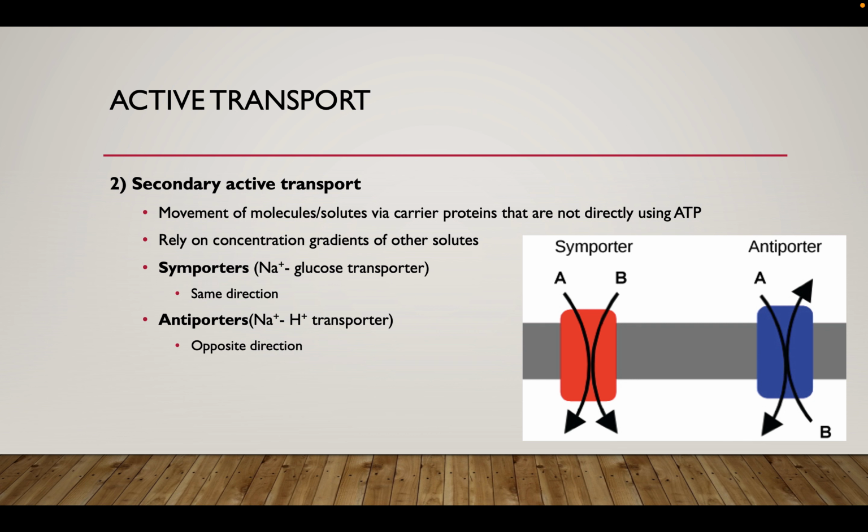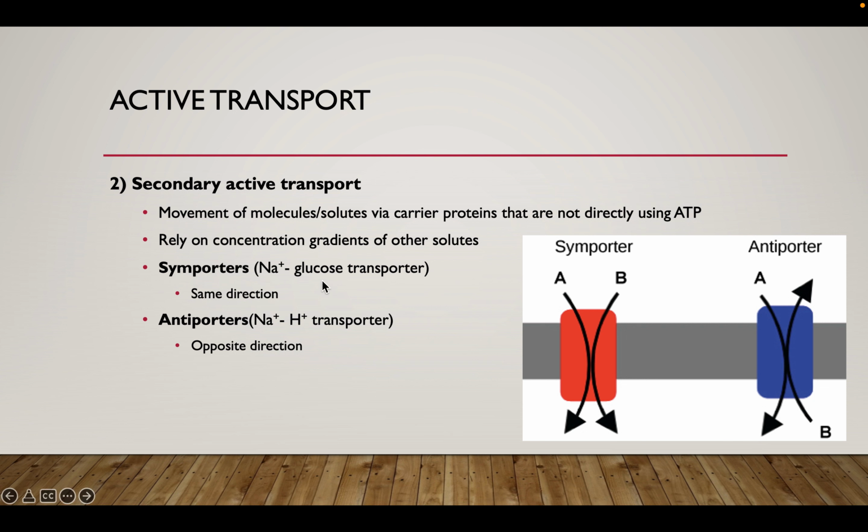So something has to be moving from high to low, which you generally think of as passive transport, but then that energy used there in that process is enough to allow enough energy to pump something else either in the opposite direction or also in the same direction. If it's pumping something in the same direction, it's going to be called a symporter. If it's pumping something in the opposite direction, it's going to be called an antiporter. Okay, but both of these are types of secondary active transport.